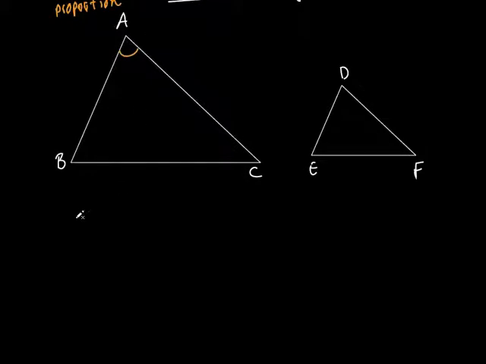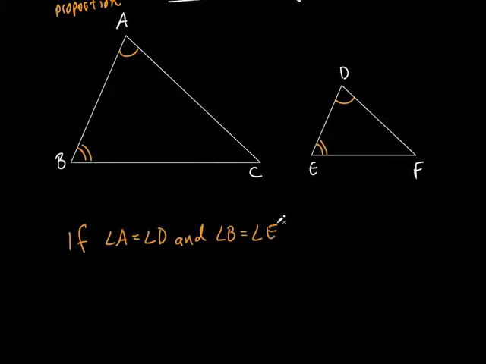Let's write this down. If I was told that angle A was equal to angle D, and angle B was equal to angle E, right there is enough to say that my triangles are similar to each other.